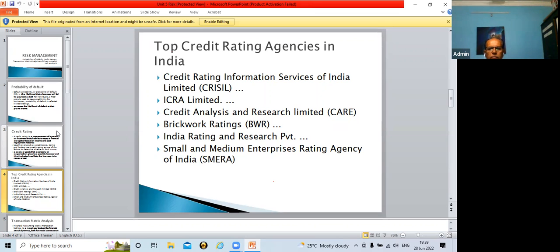There is no rating for the theater. Rating is for the movie. Similarly, CRISIL does rating for the instrument and not for the company. Whatever instruments that particular company is issuing, maybe a debenture or a bond, so either the bond or debenture will be rated and not the company. Are you getting me?